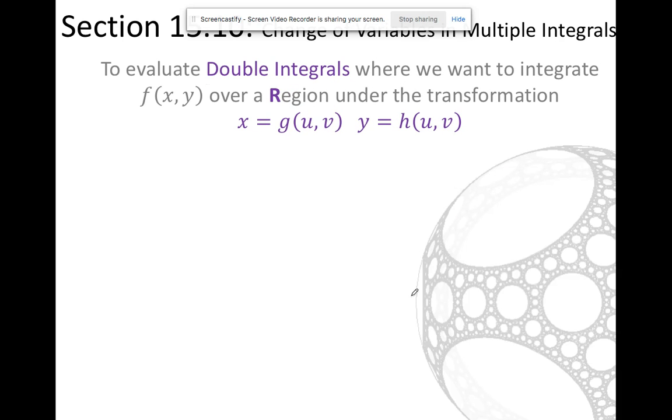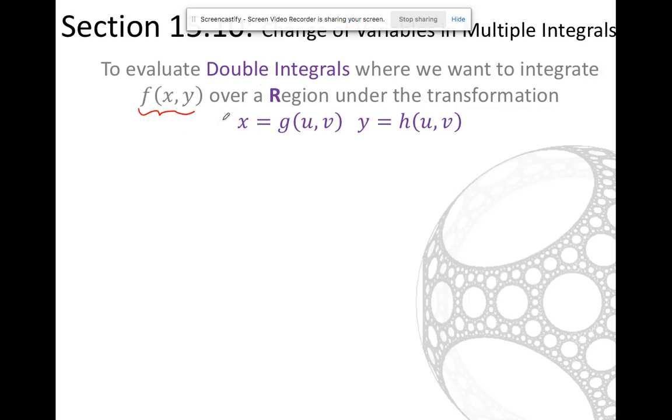Well, first let me tell you, to evaluate a double integral where we want to integrate a function in terms of x and y, and maybe this integrand is devastating to integrate, as it is with dx and dy, or dy and dx, or maybe it's the bounds that are devastating.